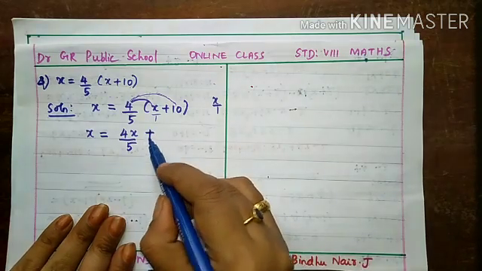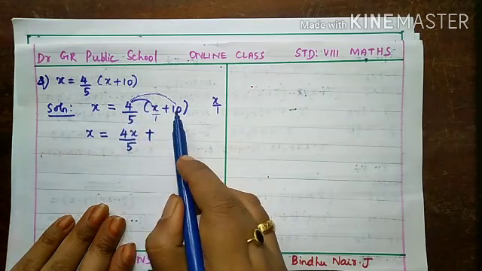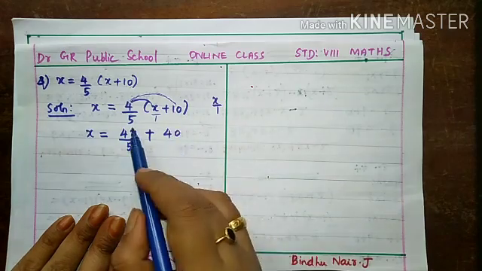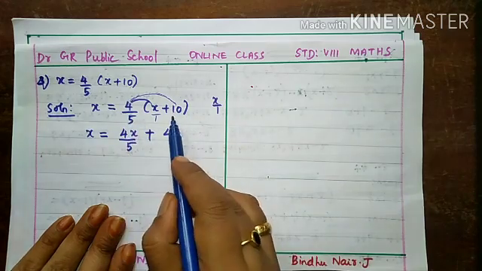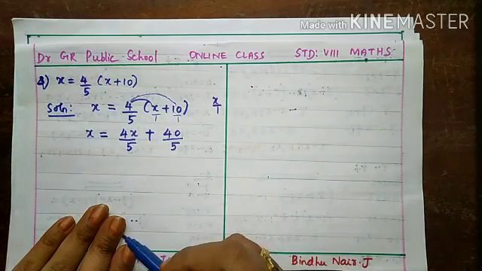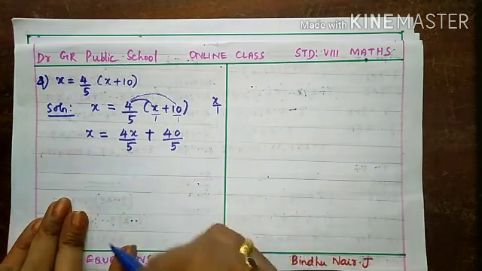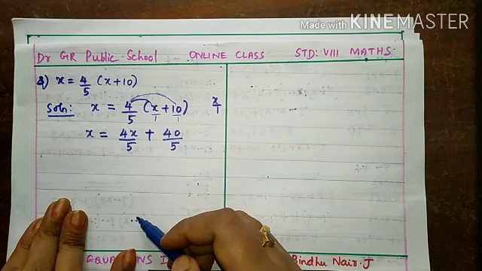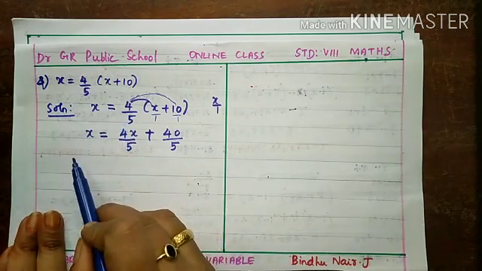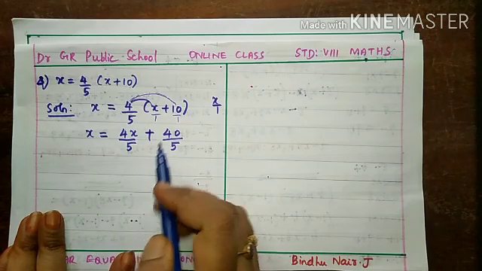Then plus, here it is plus sign. Now 4 by 5 into 10. What is 4 into 10? 40. Again 5, here no number, so 1. So 5 into 1 is 5. Understood? So we opened the bracket. This is the second step. Now as usual, what we want to do? Collect all the x terms to one side and numbers on the right hand side.